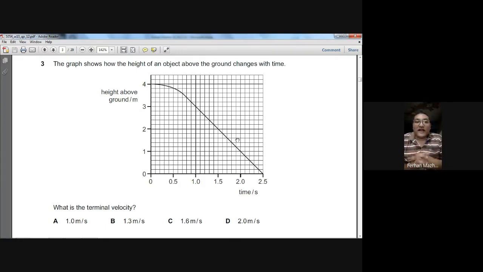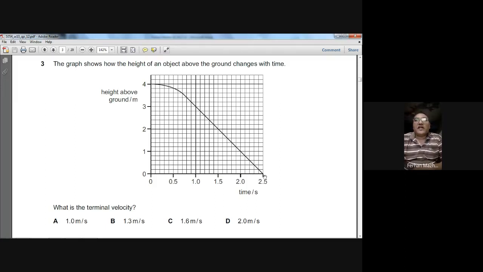If I want to find the terminal velocity, I need to find the gradient of this straight line. Just take 2 points on that straight line and note down their coordinates. For example, let's say I take this point, its coordinates are 1, 3. The x value is 1, the y value is 3.